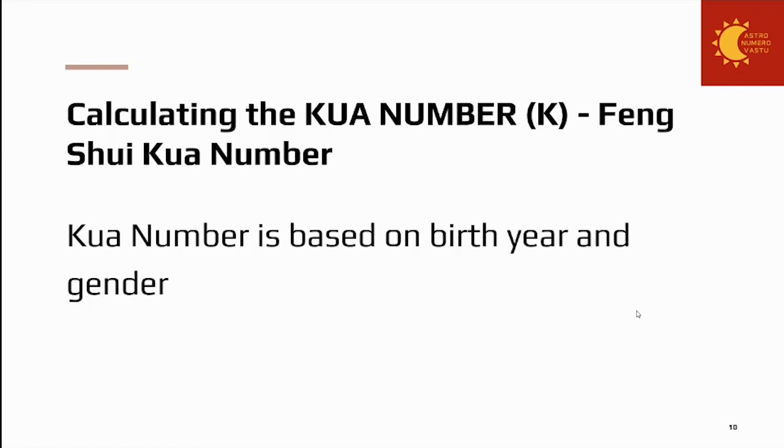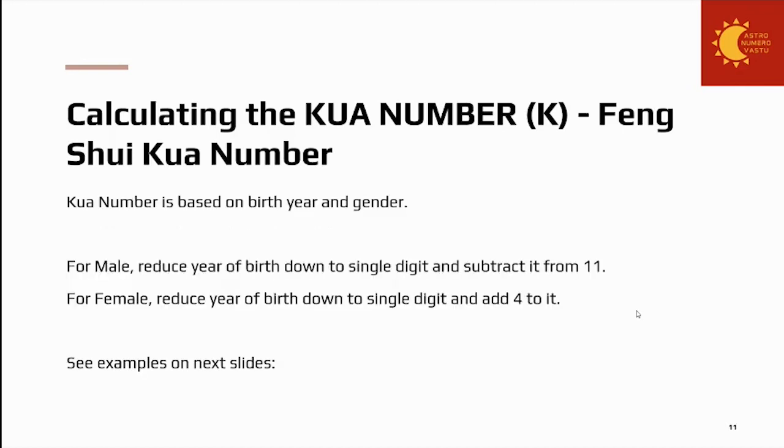This specific number is based on birth year and gender. What is the formula? How do we calculate it? There are different formulas given to calculate the Kua number for male and female. The first step is the same. What is the first step that we have to perform in order to calculate the Kua number? The first step is you have to reduce the year of birth down to a single digit. This step is common for male and female both.